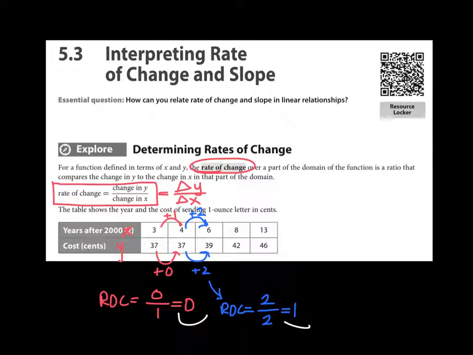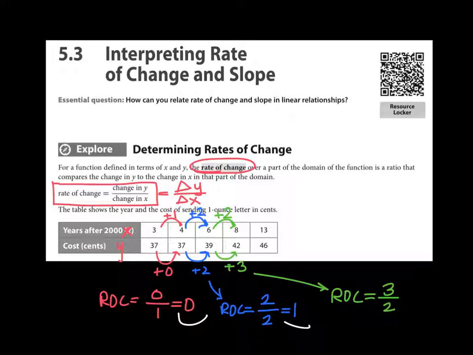All right, let's do one more section. The rate of change here is going up by 2 on the x, and on the y, if I count, that's up by 3. So here, my rate of change is 3 over 2. That doesn't simplify, I can't divide it, so I'm going to leave it just like that, 3 over 2.